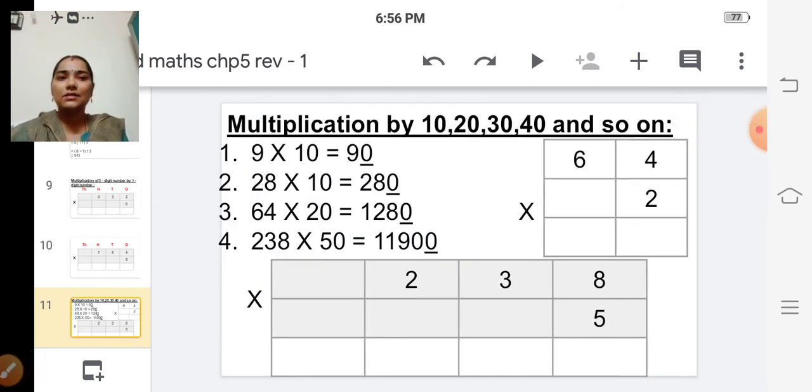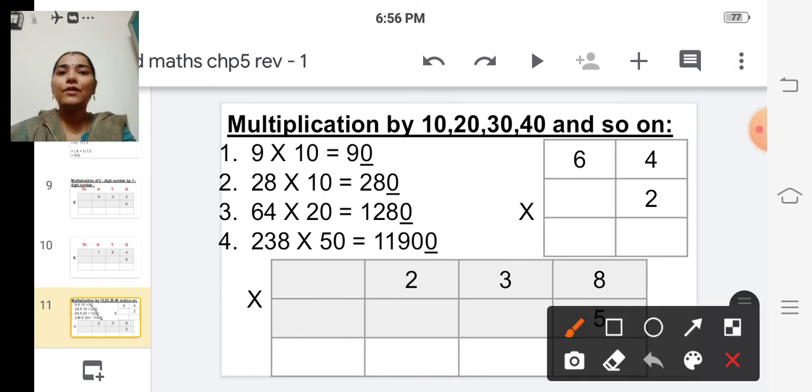Multiplication by 10, 20, 30, 40 and so on. So first one, see the first one, 9 into 10. So if we multiply any number by 10, then we have to write the number and we have to write 0 at the end.